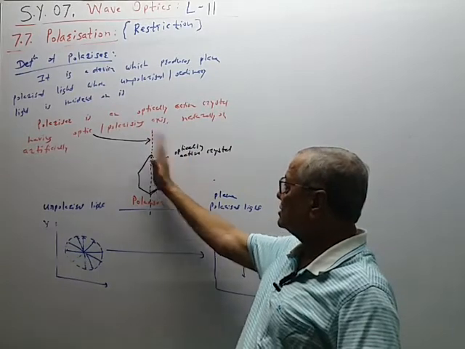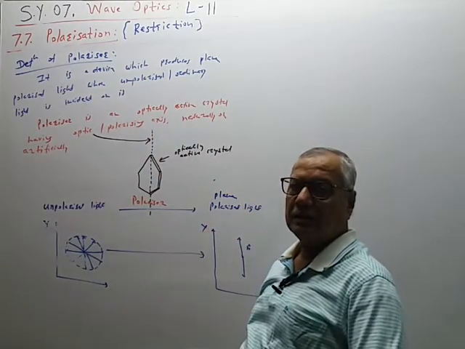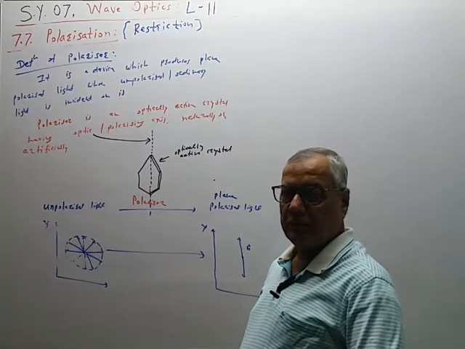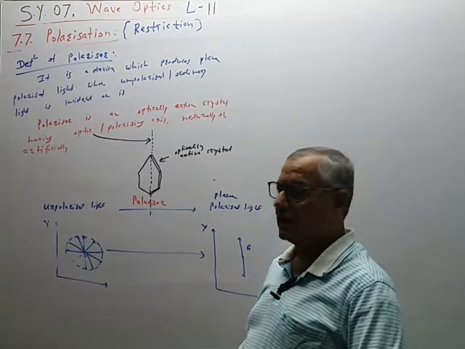So by rotating this axis we can change the amplitude of the incident unpolarized light. How?